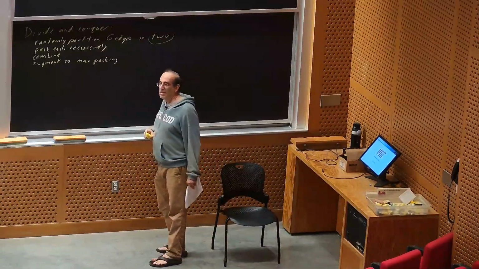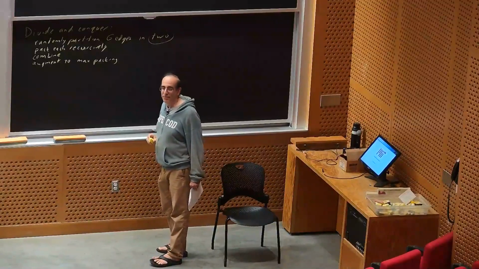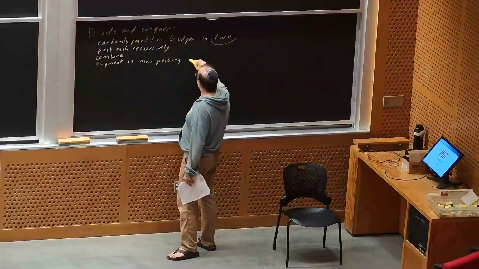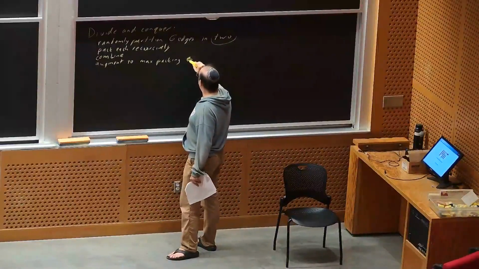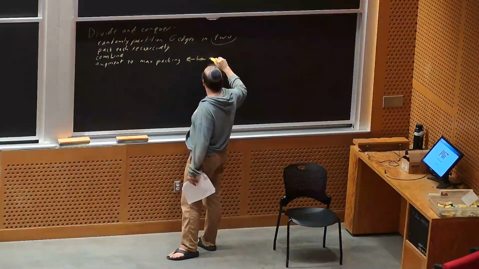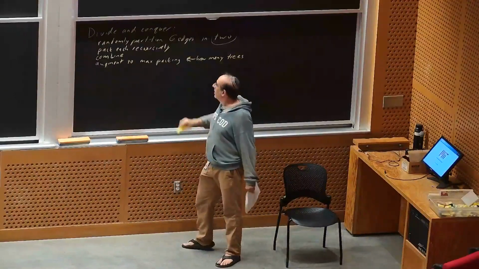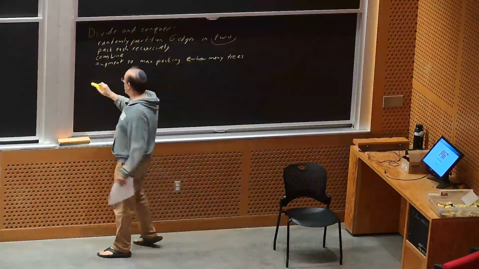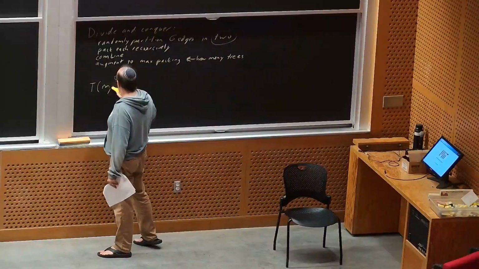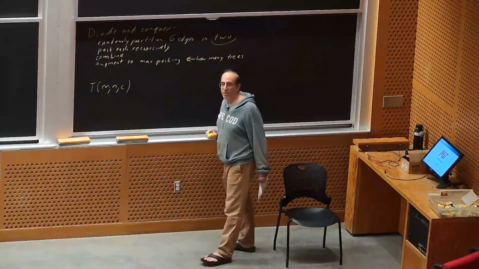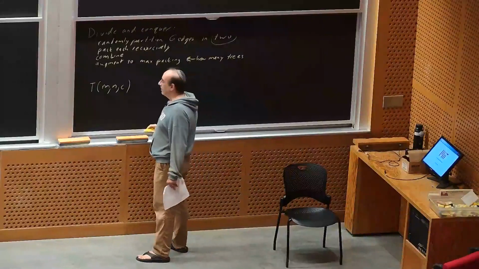So, how fast is this algorithm going to be? Well, this is the mystery, right? So we can already start writing down a recurrence. We've got a graph with a certain number of edges, a certain number of vertices, and a certain minimum cut, right?